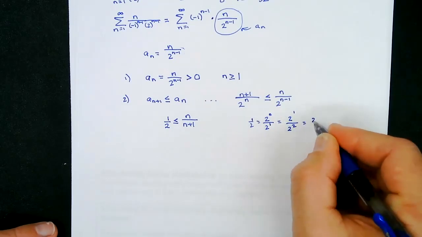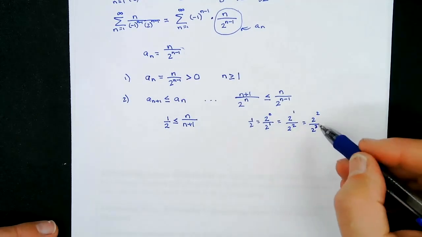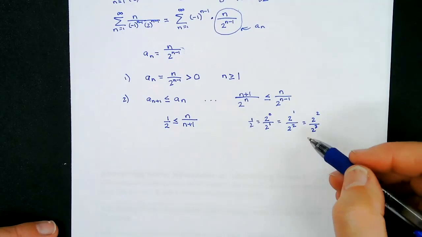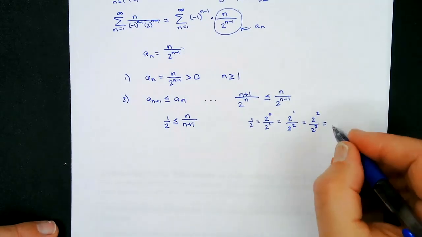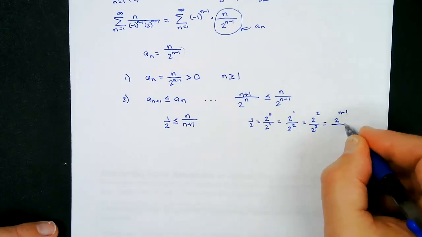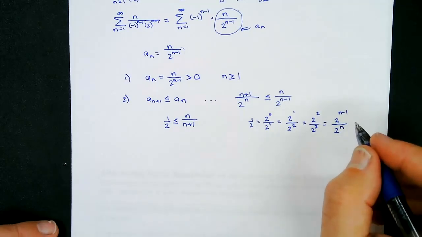It could also be written as 2 squared over 2 cubed, because both of these are going to cancel and a 2 is going to be left in the denominator, right? So another way of writing 1/2 is 2 to the n minus 1 over 2 to the n. That's just another way of writing 1/2.